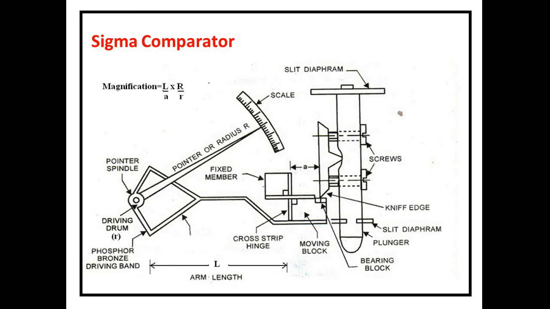Then at the end of this moving block there is a Y arm. You can see this is the Y arm, and the effective length of this Y arm is L. So here we get the first stage magnification.